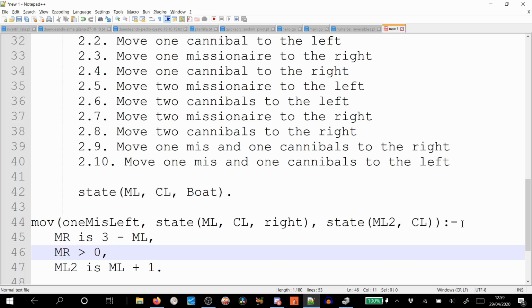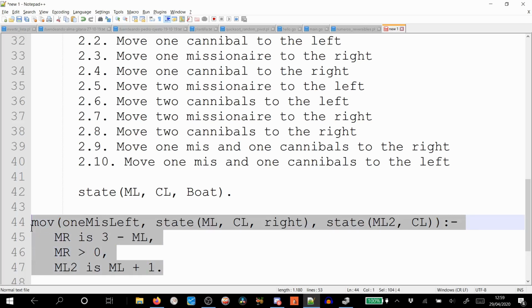No? Otherwise it's not possible to move one missionaire to the left because we don't have missionaire on the right side. No? That will be one implementation for this movement, and I have to create 10 of these movements.